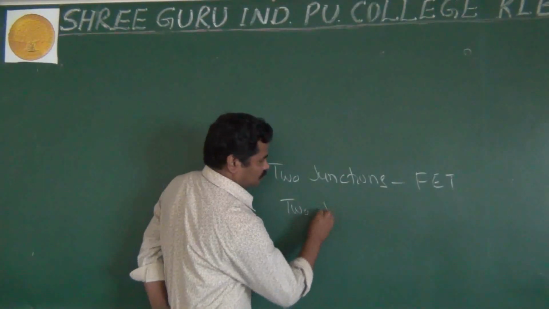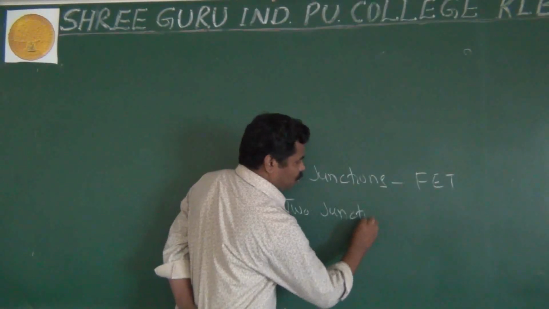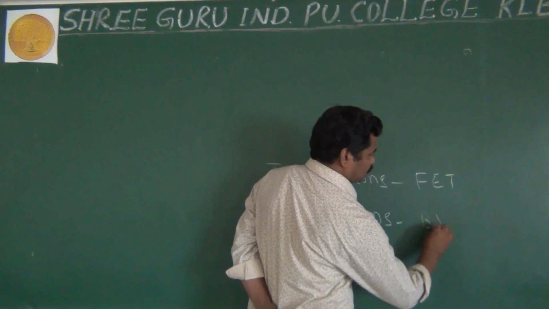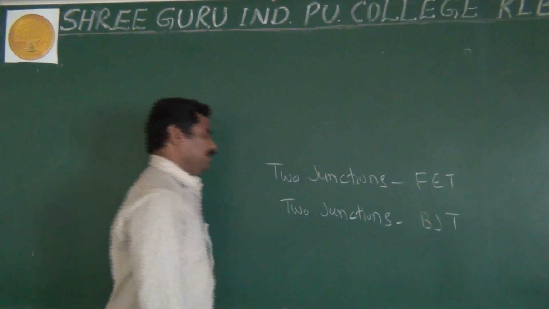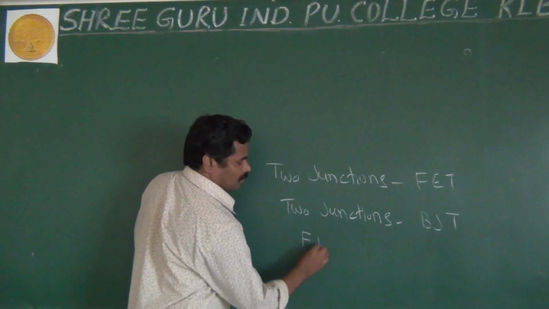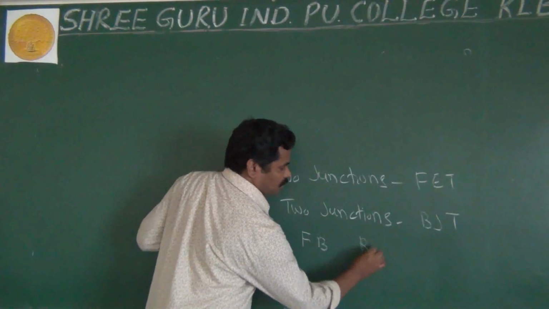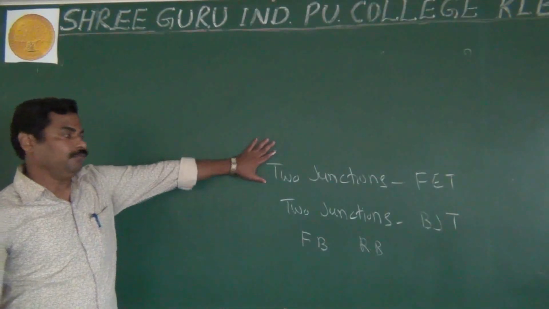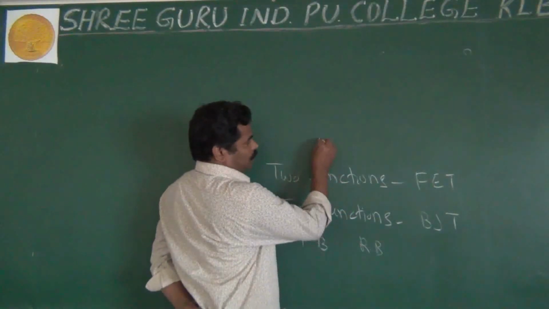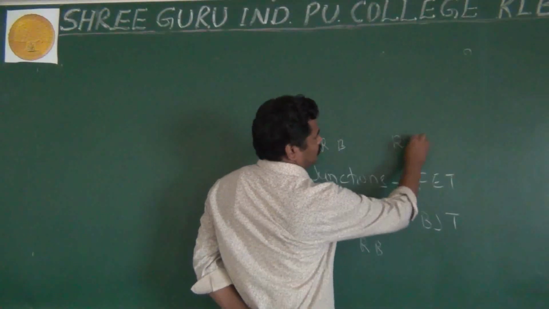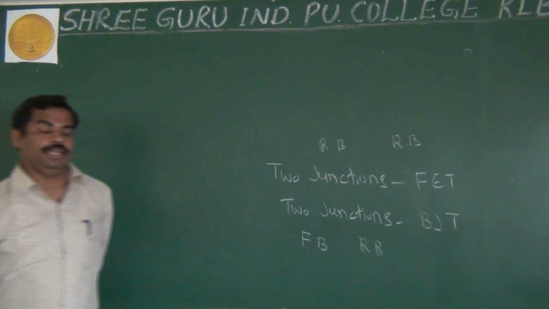But the difference is that in BJT, one junction is in forward bias and the other is in reverse bias. The important thing in FET is that both junctions are in reverse bias.